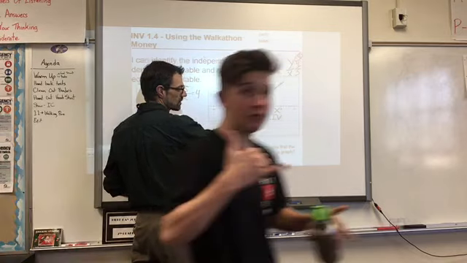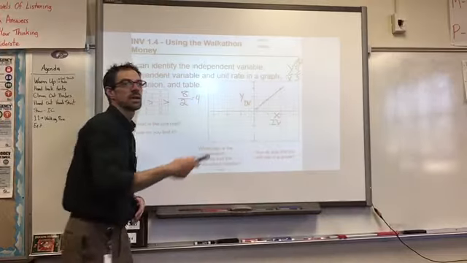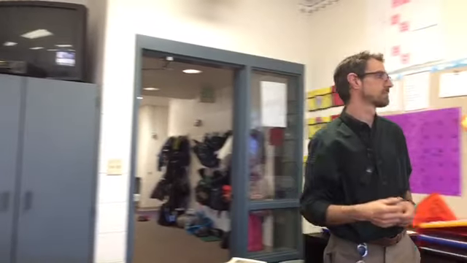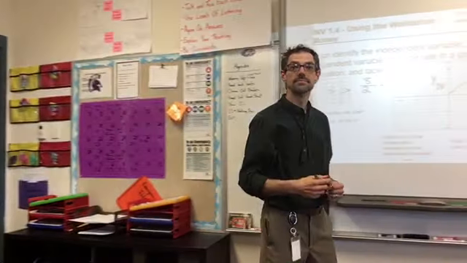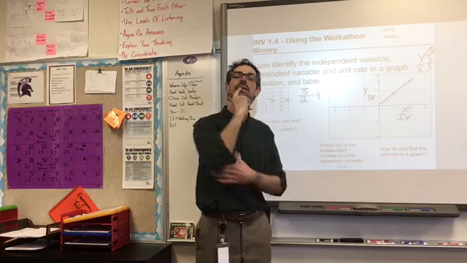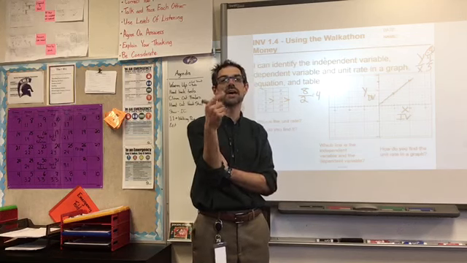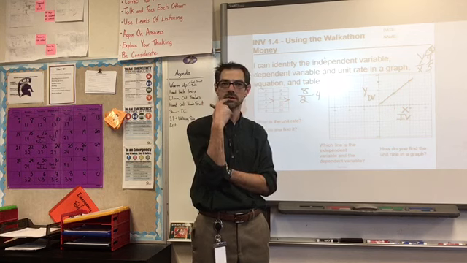This value goes over the 10, and that is how you find your unit rate using a graph. Would it be like 4/5? Right, and if I divided that out, I get 0.8.